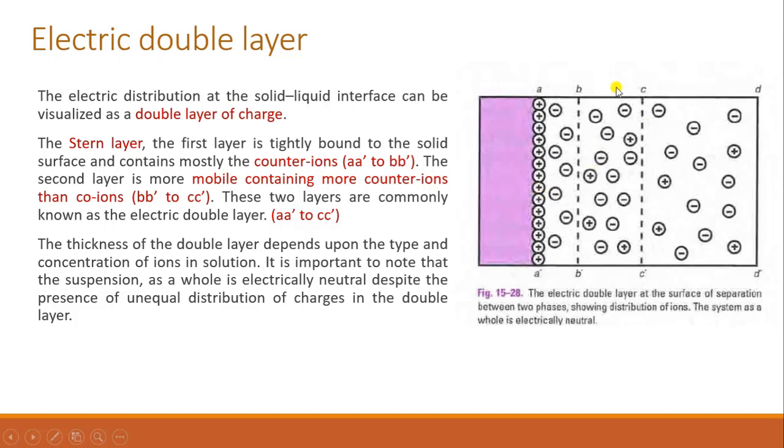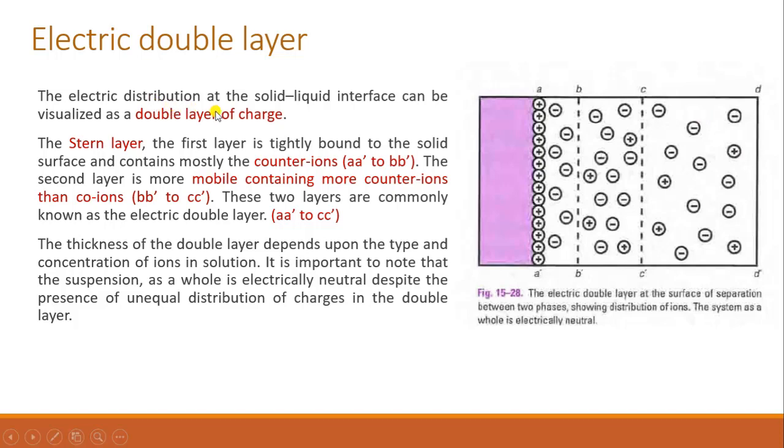So the region of BB dash to CC dash consists of excess of anions and some of the cations. Still, there is no neutrality in this region. Electrical neutrality occurs beyond CC dash. Between CC dash to DD dash, there is equal distribution of anion and cation present in the solution.